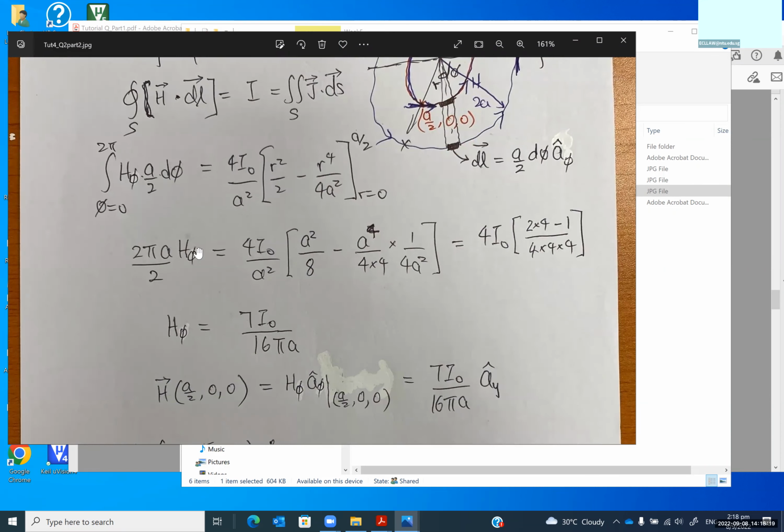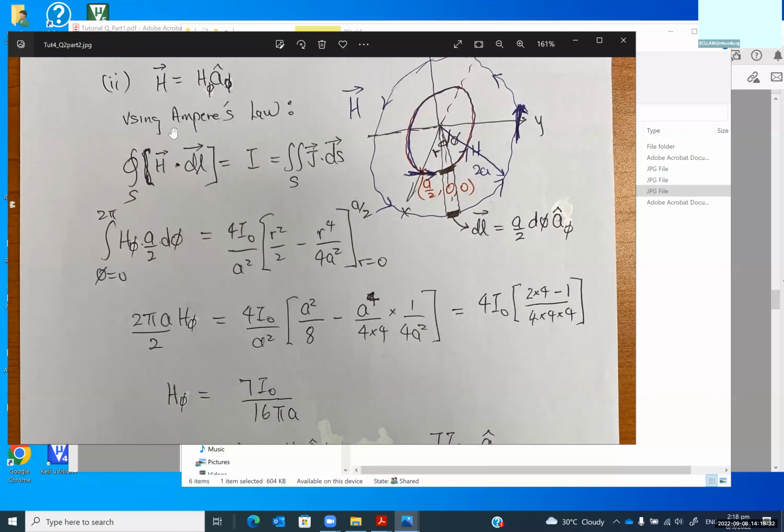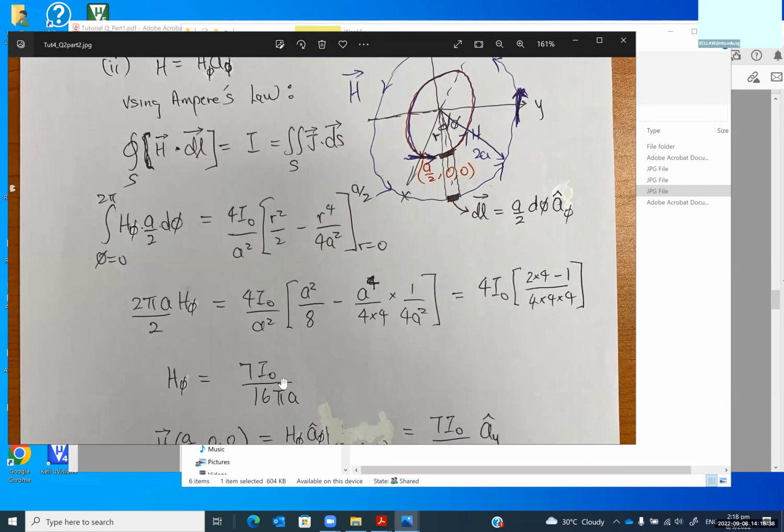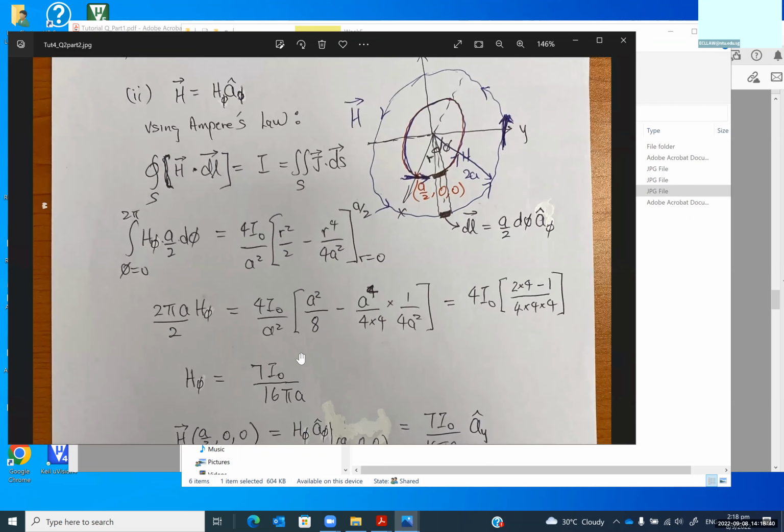So our answer for this H field that we're trying to find is this coefficient, this value, times a phi. The direction is a phi.